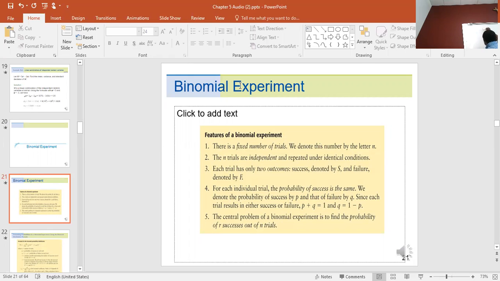Example: a coin is tossed 10 times. Let success be heads. Then n equals 10, and p equals 1 over 2. A die is rolled 6 times.